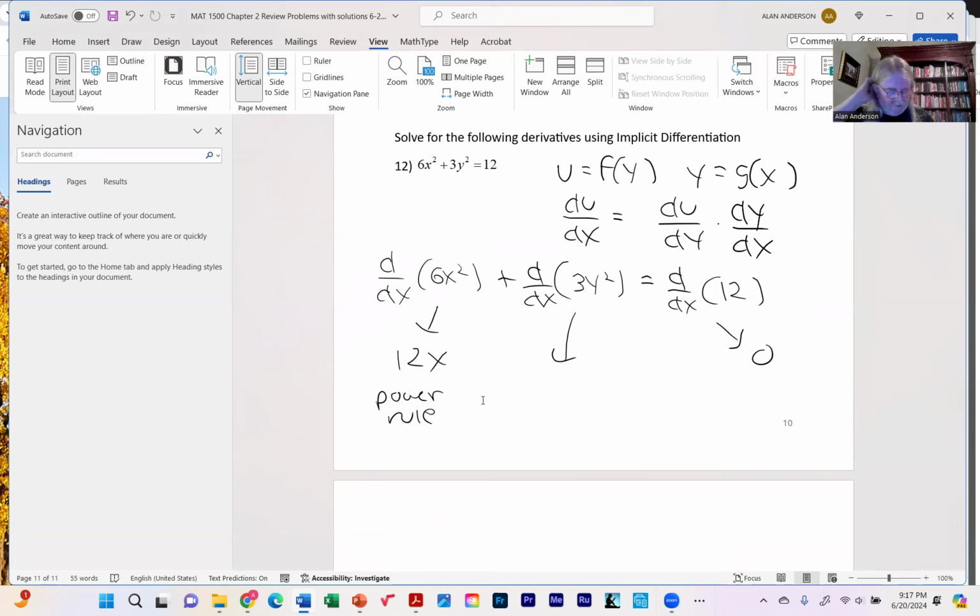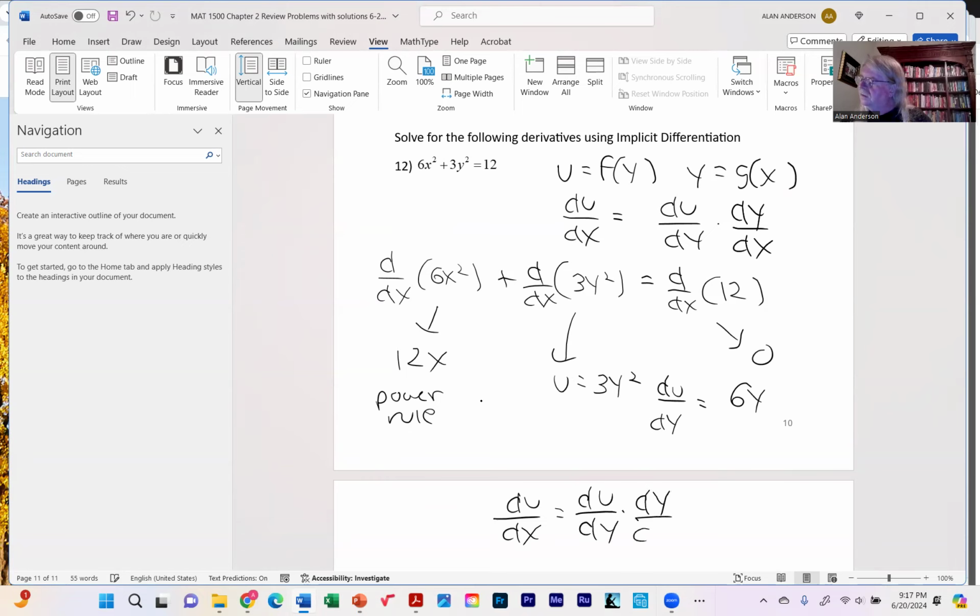So what we're going to do is let u equal 3y squared, so du/dx equals du/dy times dy/dx.